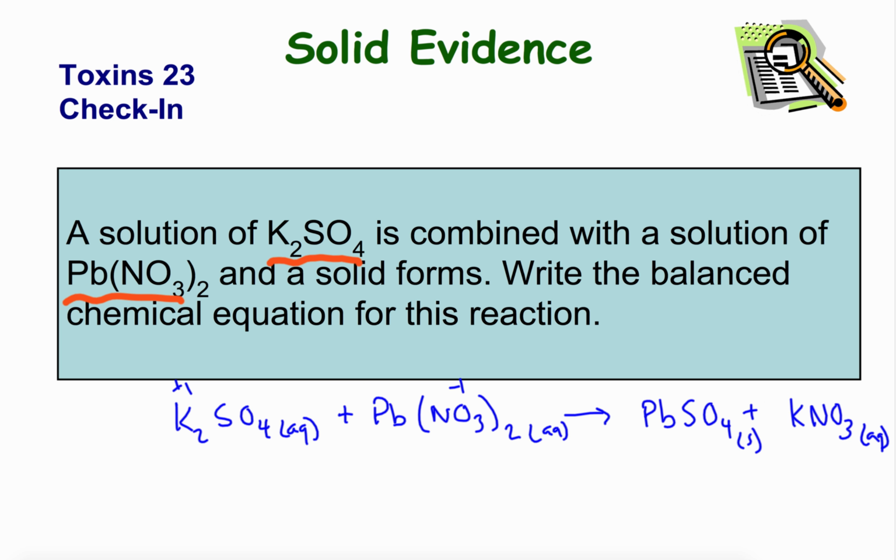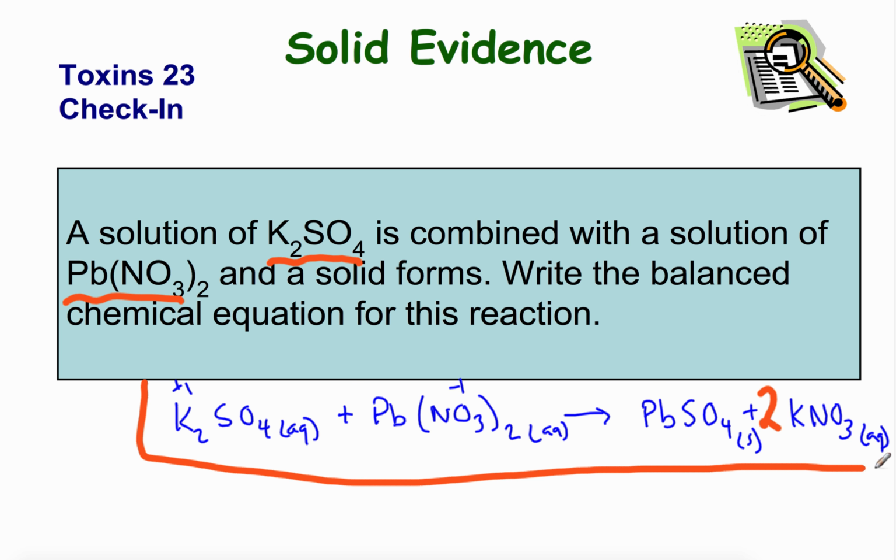To balance, I'm going to put a 2 in here because now the equation is balanced. 2 Ks, 2 Ks. 1 sulfate, 1 sulfate. 1 lead, 1 lead. 2 nitrates, 2 nitrates. And we now know how to write the products and balance precipitation reactions.